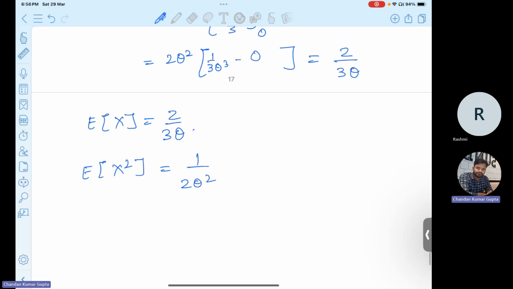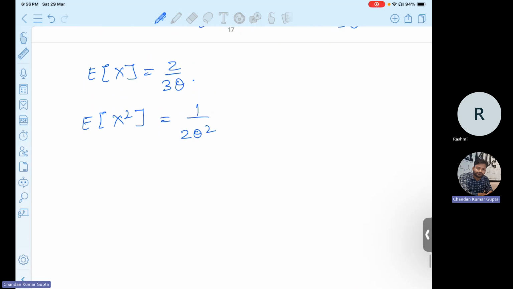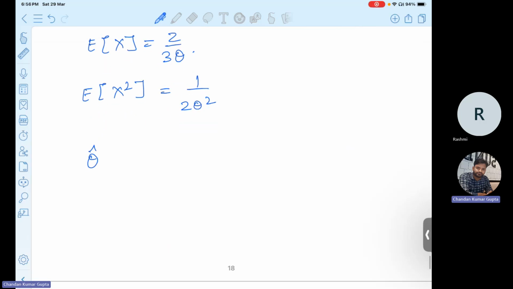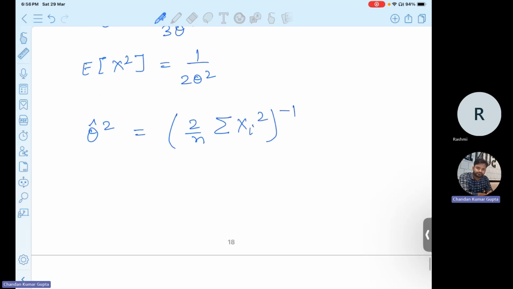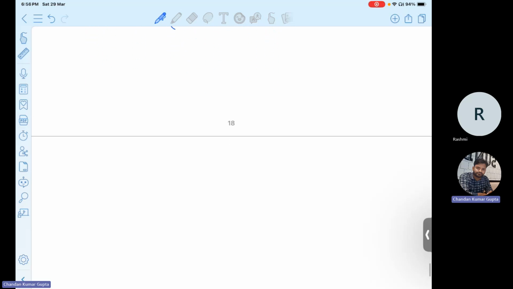I don't think it is needed, but since it is written, I have written it there. These were already discussed, so I'm just writing theta square cap, which is 2 by n summation over xi square, and inverse. This is the moment estimator for theta square. We need to calculate the moment estimator for theta square only.